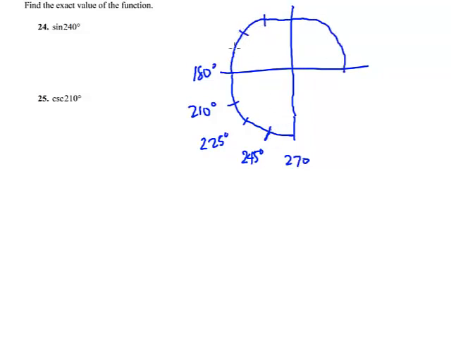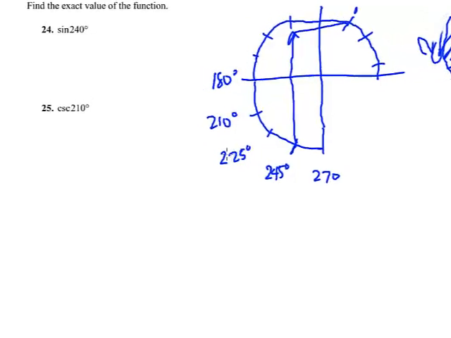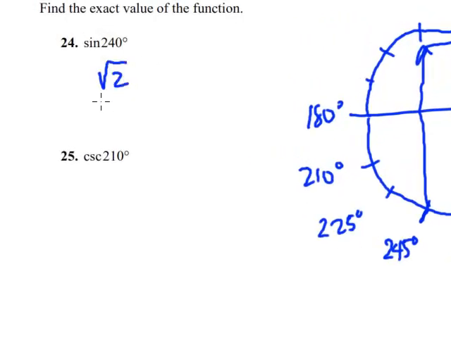So this is my index finger. If I put that one down, and I want sine, sine is on this side. So this will be root 3 over 2. And since I know that sine is negative in quadrant 3, that has to be negative.